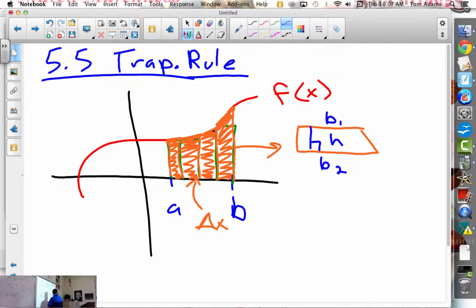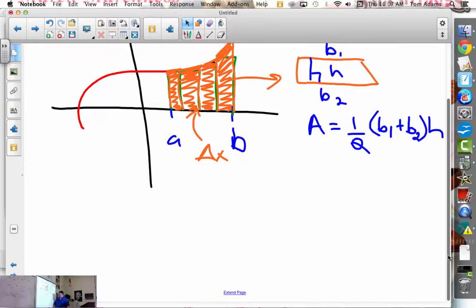And so the area for the trapezoid is 1/2 times base 1 plus base 2 times the height. And so how that translates in our calculator, this is really how your calculator calculates the area under the curve.